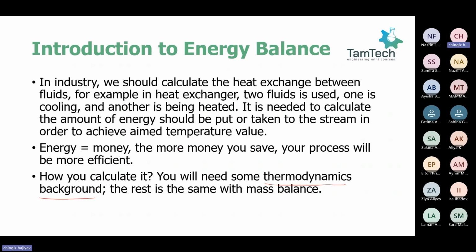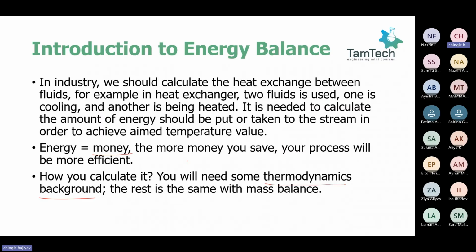And why? What is the point? We cannot just make them meet and exchange heat. No, because think of energy as money. No matter if you want to decrease an energy or increase an energy, you will spend some money. Okay.